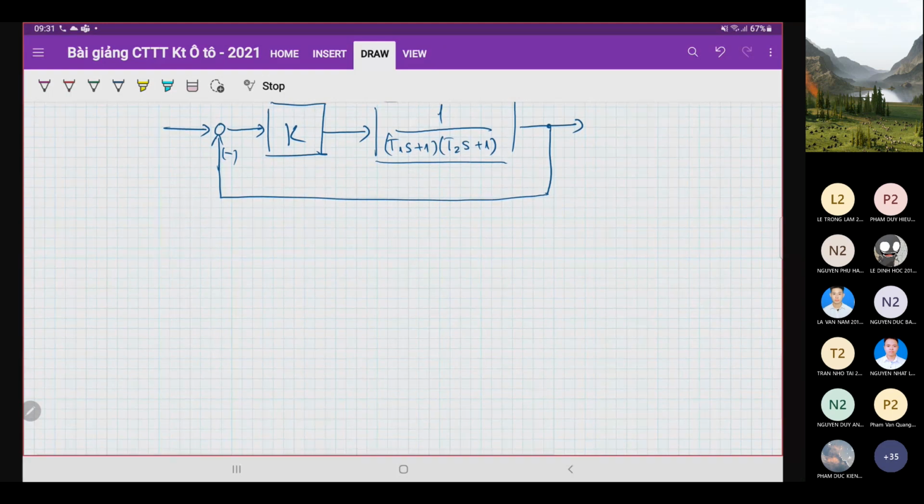Then we draw the Nyquist diagram for this open loop system, and we will have a diagram like this. It starts from 0 here. The point minus 1 should be here.